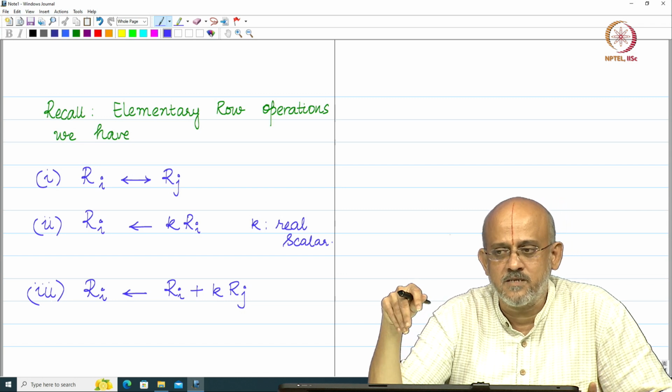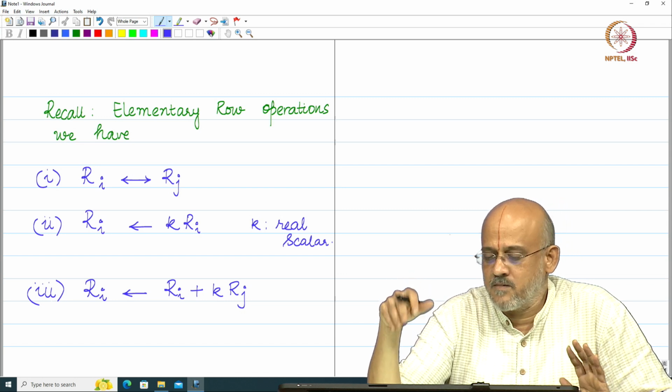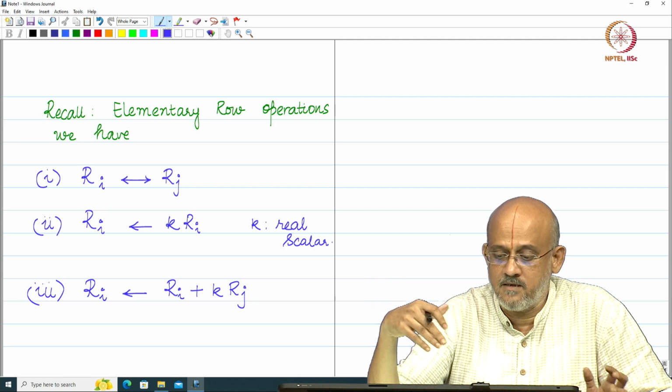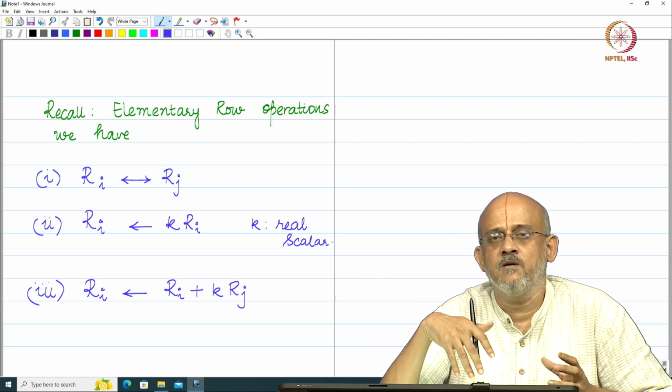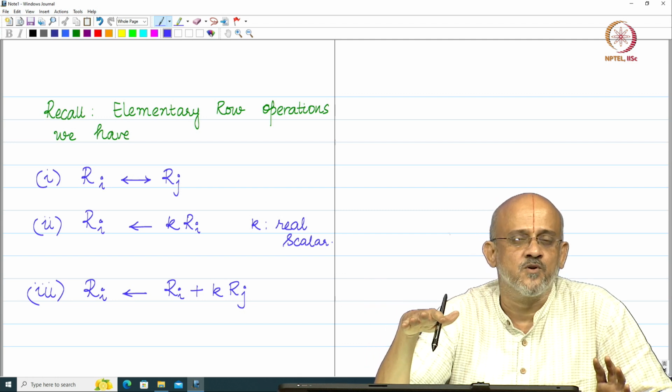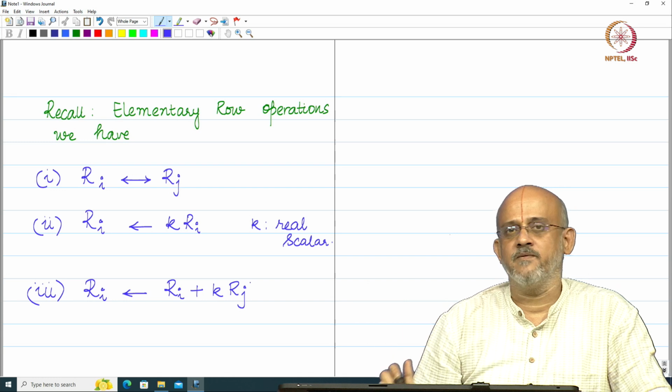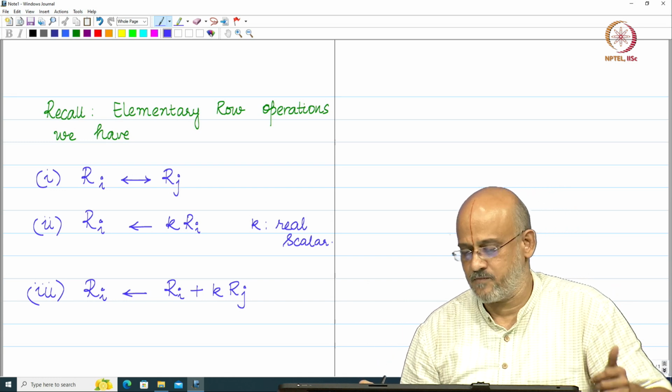And we will also look at the insight behind these row operations not changing the solution space. That is also something which we will focus on in this lecture. So let us go ahead.